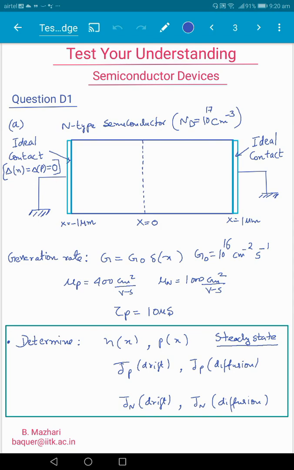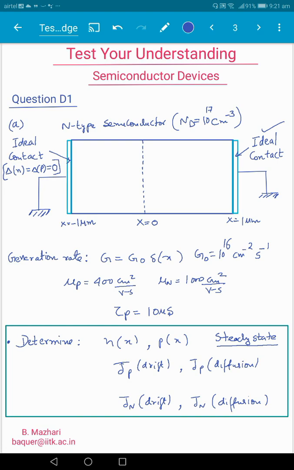Right, so let's start with a problem which will test your understanding of and your ability to apply the continuity equation. So what we have here is an n-type semiconductor, and the n-type semiconductor has two ohmic contacts, ideal ohmic contacts.